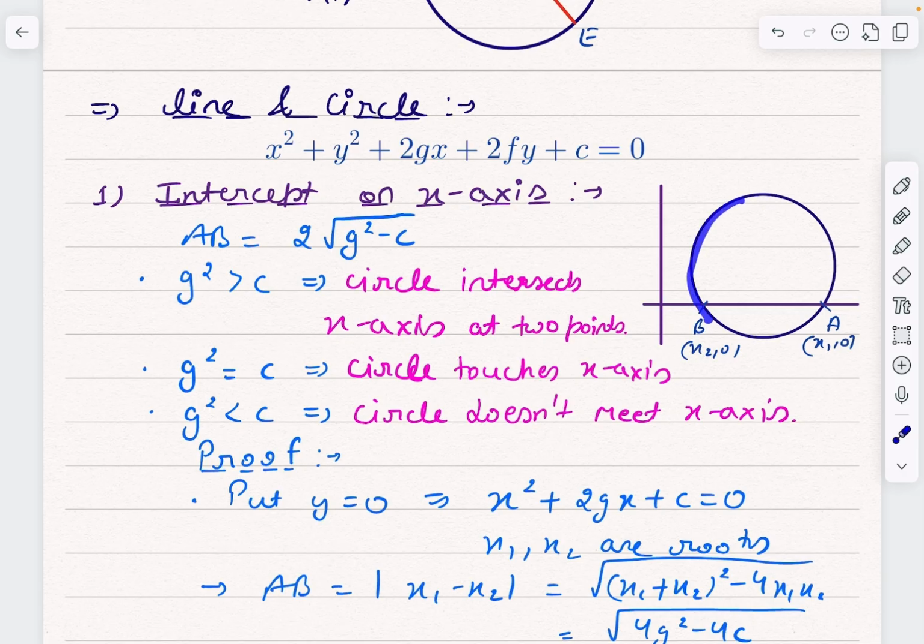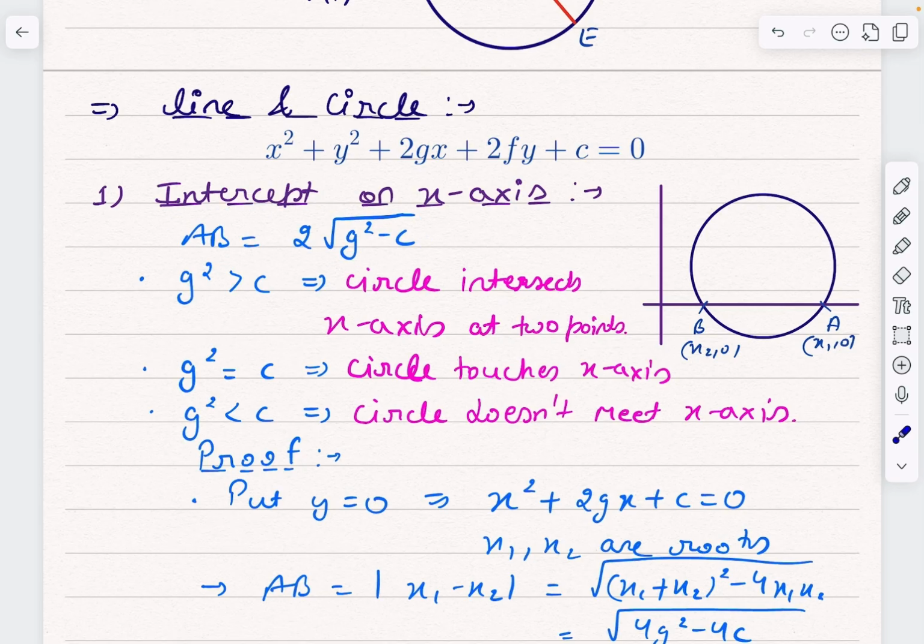See, if a circle intersects the x-axis at A and B, then the length of AB will be called the intercept on the x-axis. Let us assume the circle intersects at x1 comma 0 and x2 comma 0. So this length of AB will be called the intercept on the x-axis. So the formula for this is 2 times square root of g square minus c.